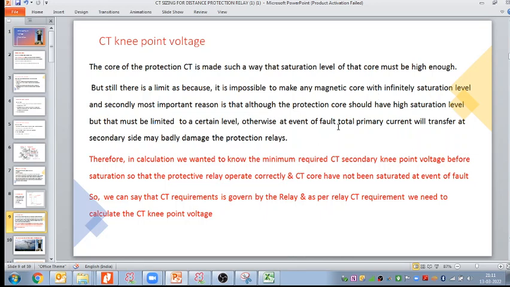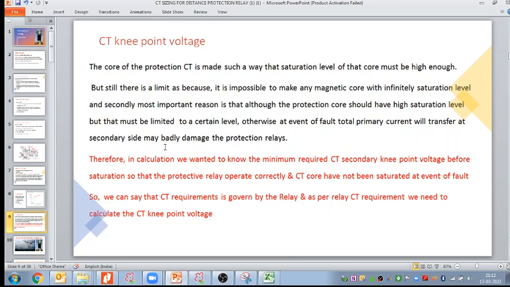Otherwise, at the event of a fault, the total primary current will transfer to the secondary side, and that may badly damage the protection relay. So the saturation is required in order to protect the relays.